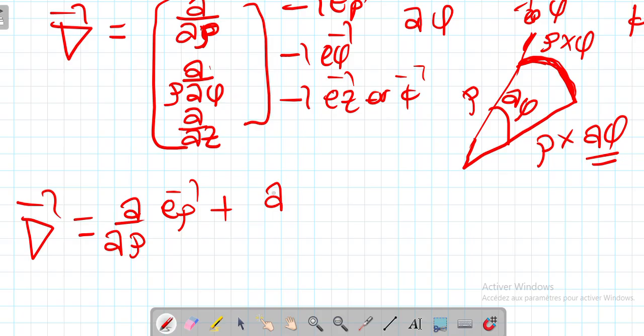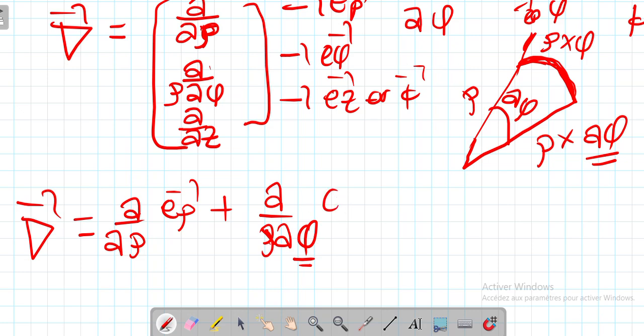So the second component, the second magnitude is rho del phi. Just remember that whenever I've got phi, I have to multiply it with rho. Whenever I multiply rho times phi, it's like you're converting that angle into arc length. Because here you had rho is the length, and this is also the length.